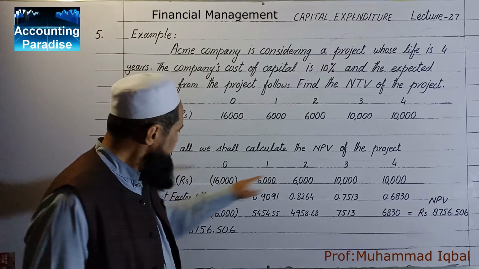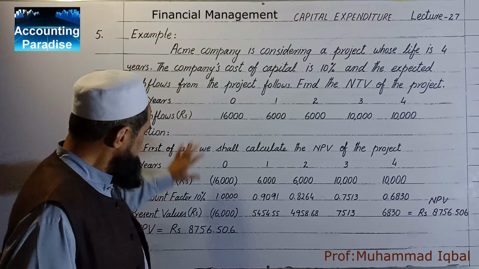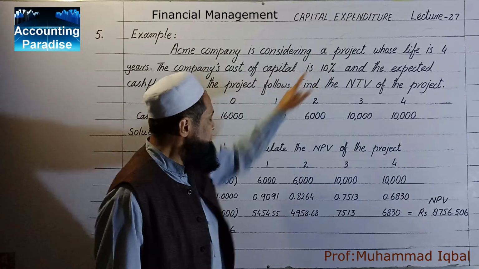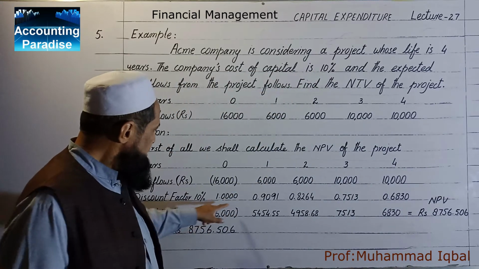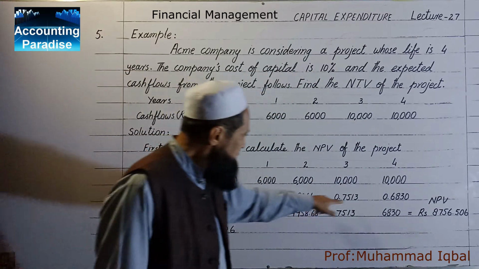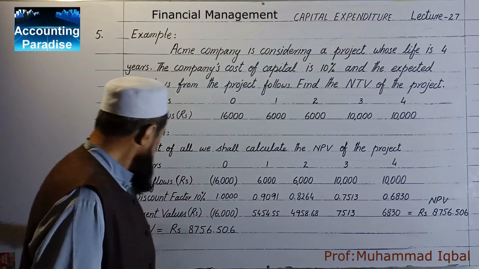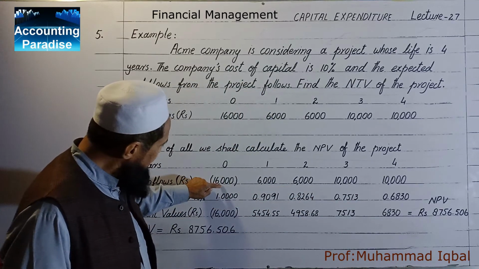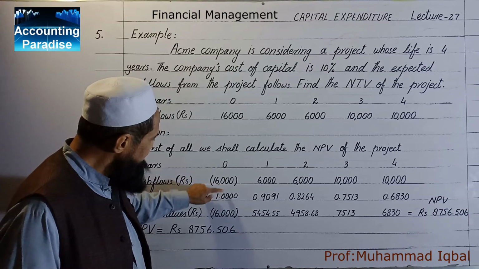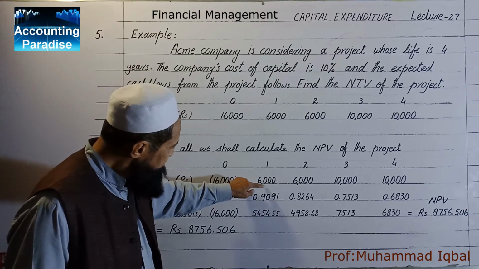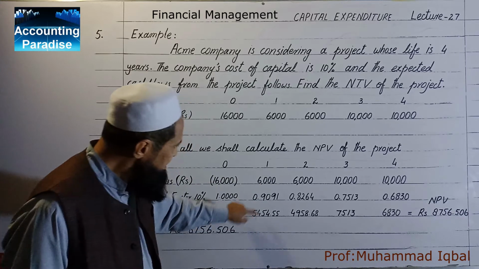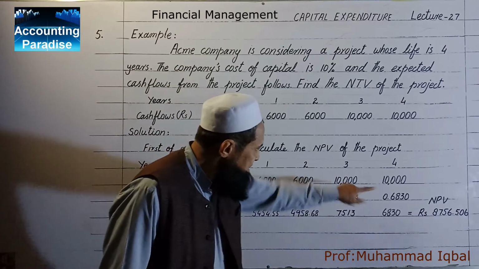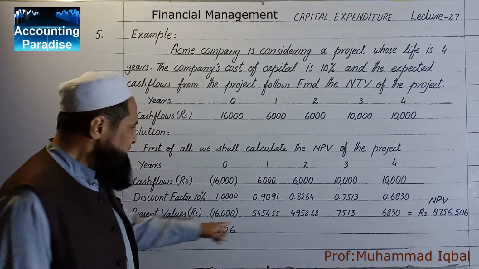Years and cash flows are the same. Discount factor at 10% cost of capital. These are the discount factors. Present values: multiplying the cash flows by the discount factors, we get these present values.